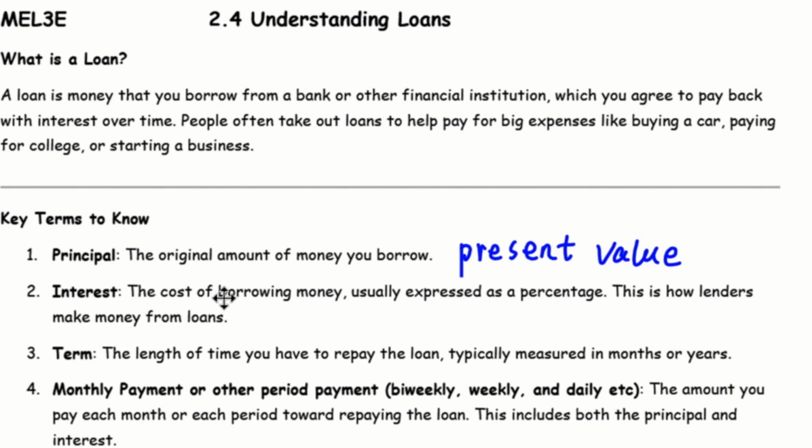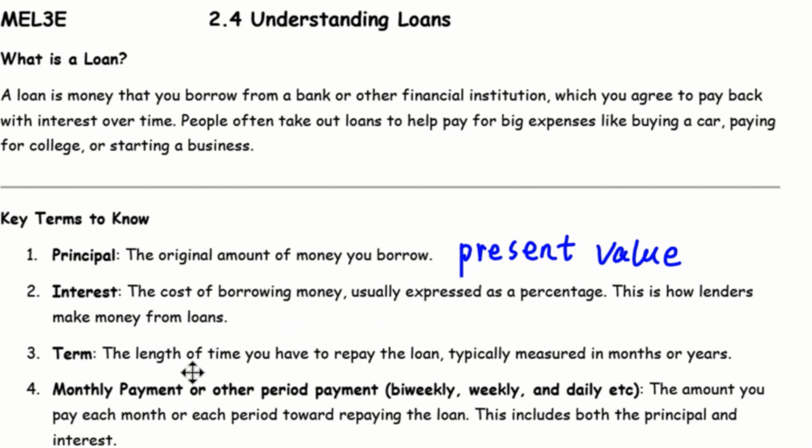In an investment, interest is the money you earn, the extra money. Here it is the cost of borrowing money, usually expressed as an interest rate percentage. This is how lenders make money from loans.